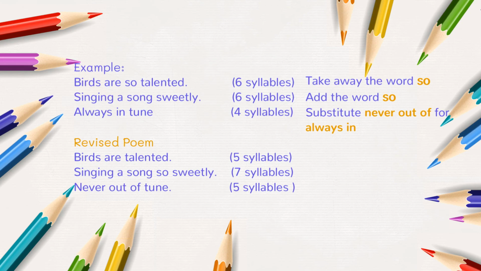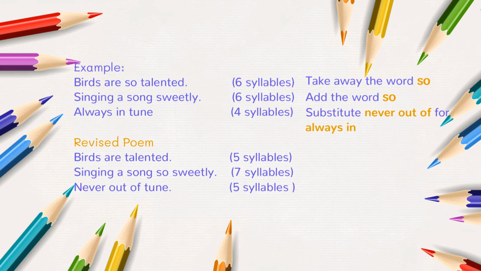And line number 3. Always in tune. How many did you count for this line? I heard 4. Once again, I'm short 1 syllable. Therefore, I have to think of a word that's going to add 1 more syllable to that line. This time, I can't think of 1 word to add so that this phrase makes sense.